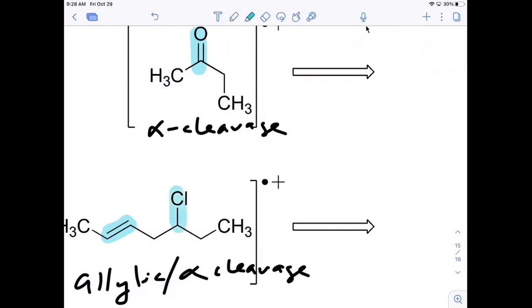You have the chlorine here too, that's a functional group where you would expect to see alpha cleavage also.